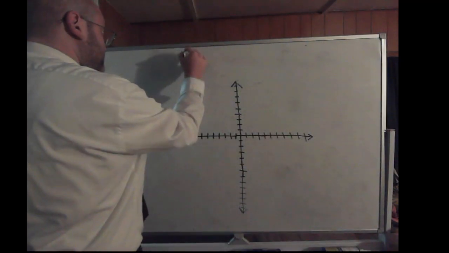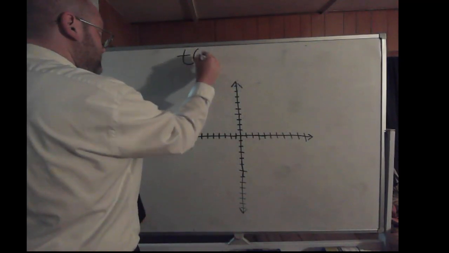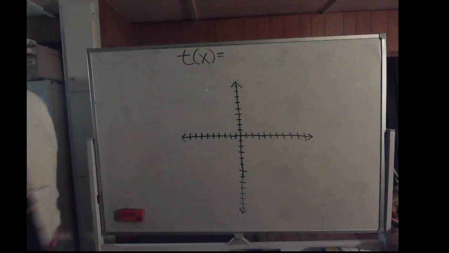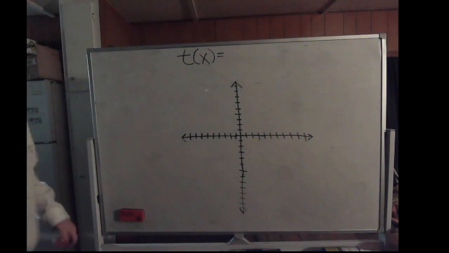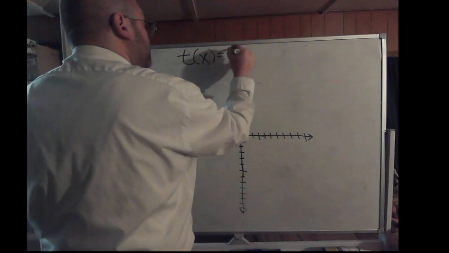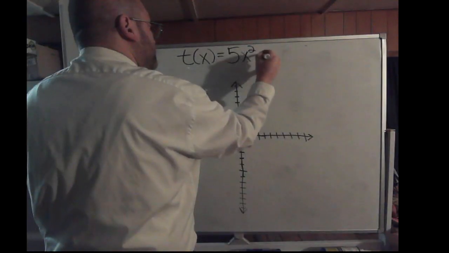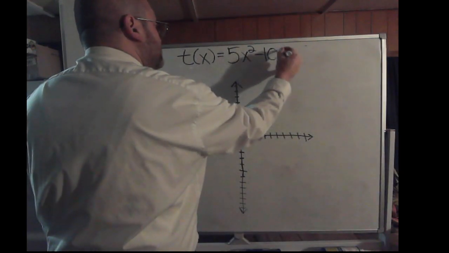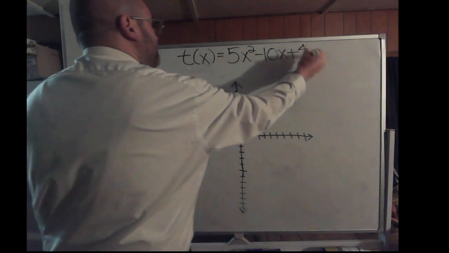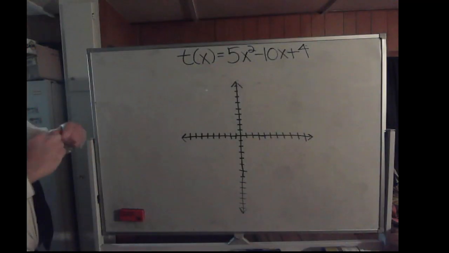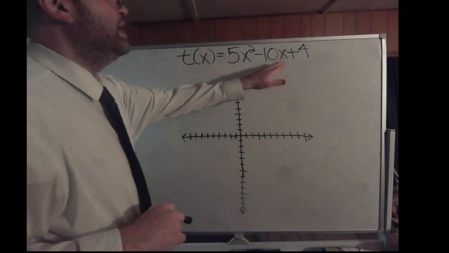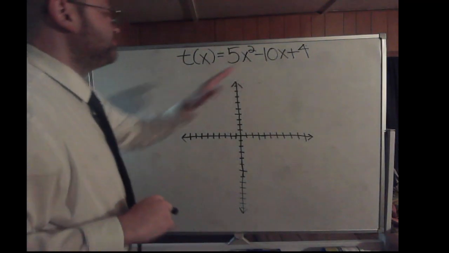We have t of x is equal to 5x squared minus 10x plus 4. Alright, so t of x equals 5x squared minus 10x plus 4.